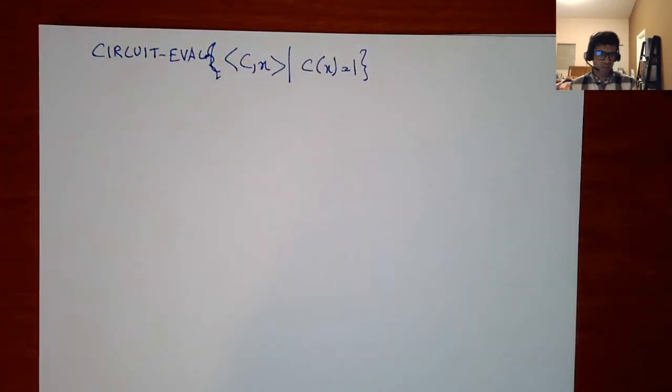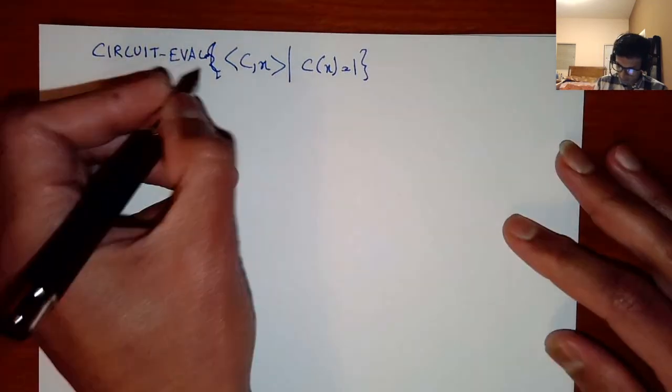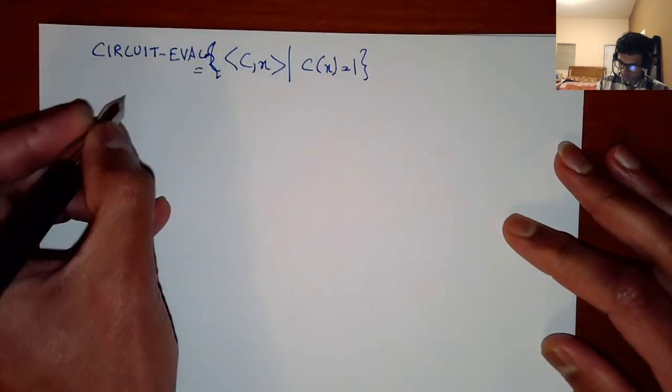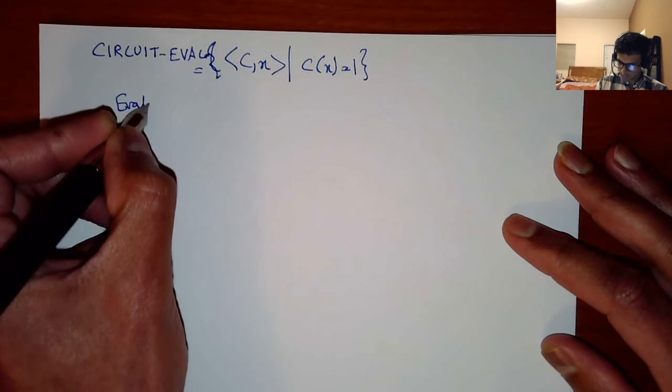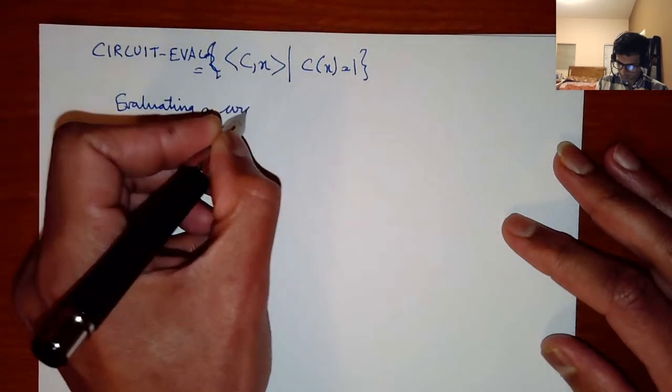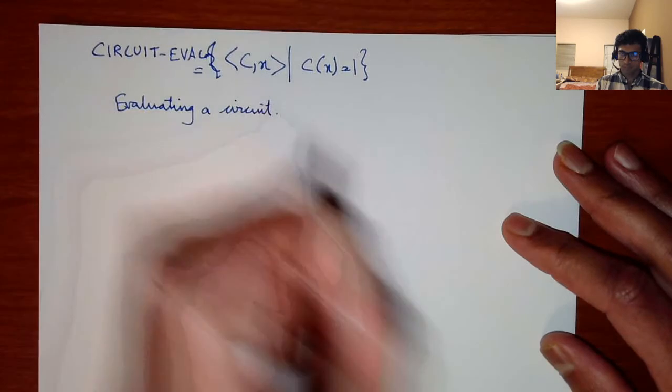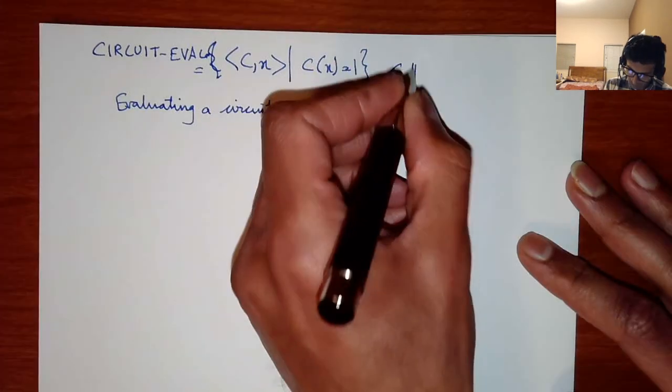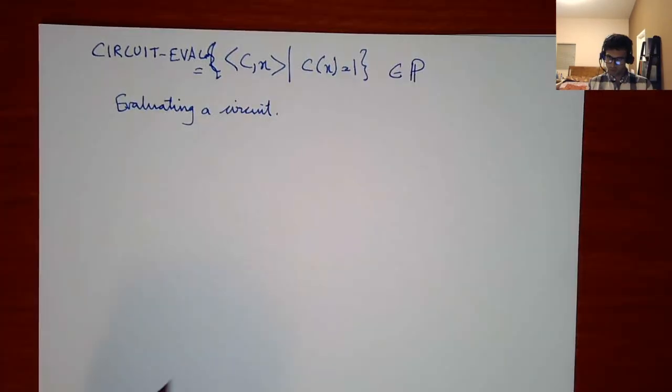This is simply the language of evaluating a circuit. Clearly this is in P because you can run the circuit in polynomial time.